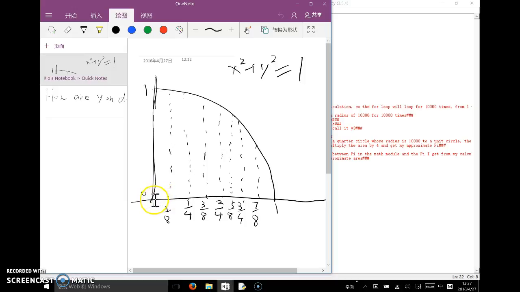The width of each rectangle in here is always the same. It's 1/4. You see 1/4 here, and then 1/4 here.